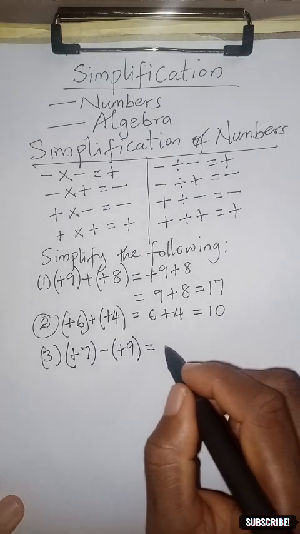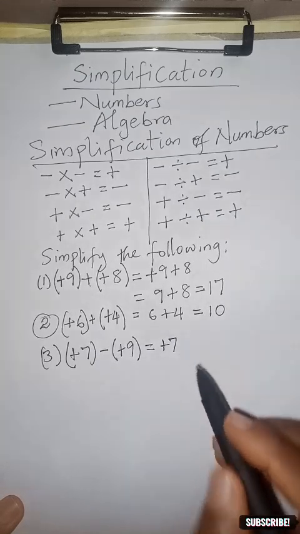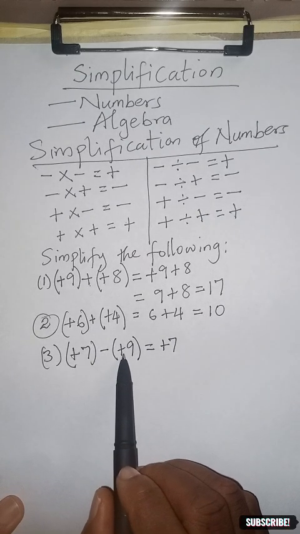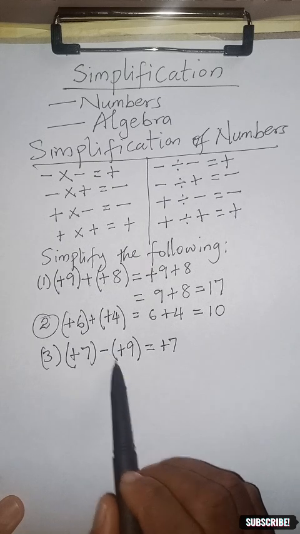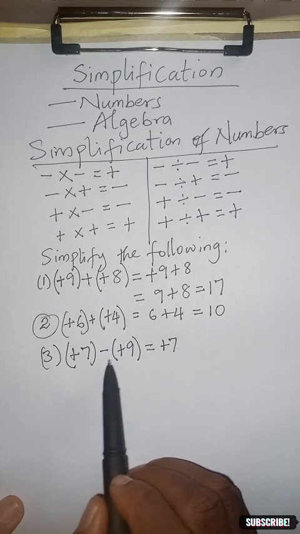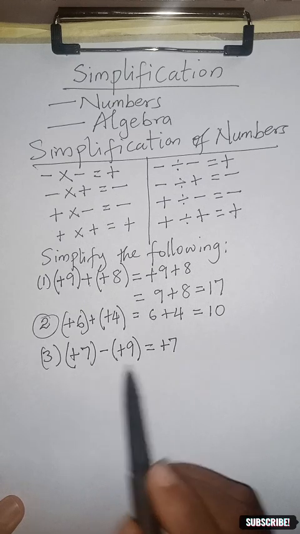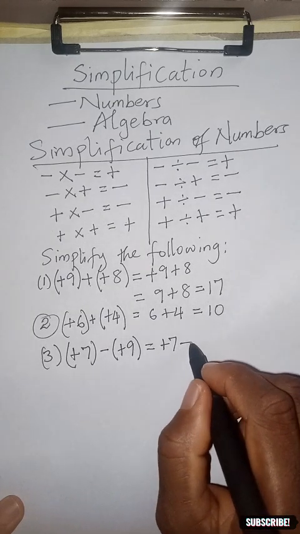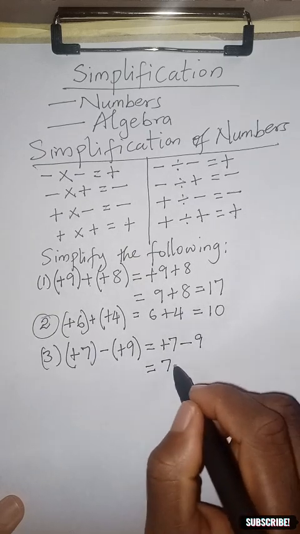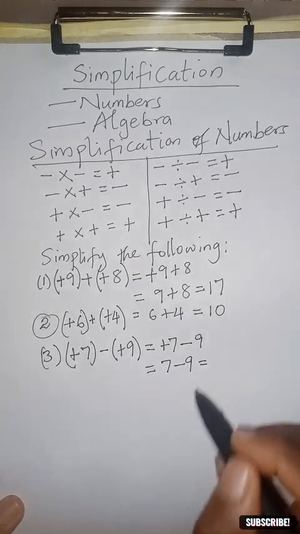This is like saying plus 7 minus multiply plus. Recall, I said the bracket means multiplication, so I had to multiply these two signs. Minus times plus will give you minus 9. So this is the same thing as saying 7 minus 9.